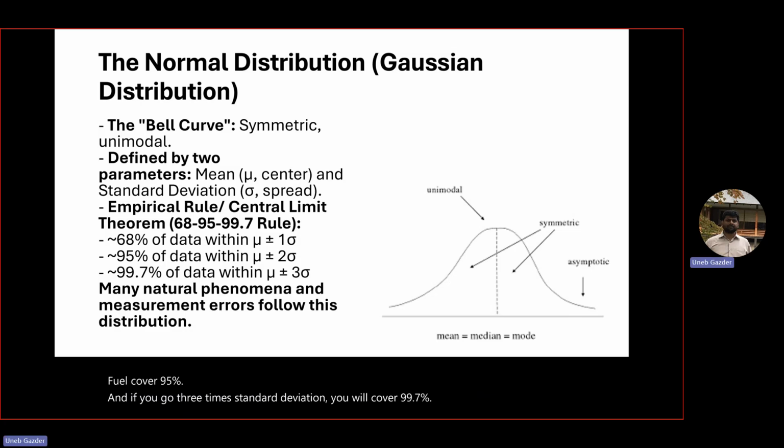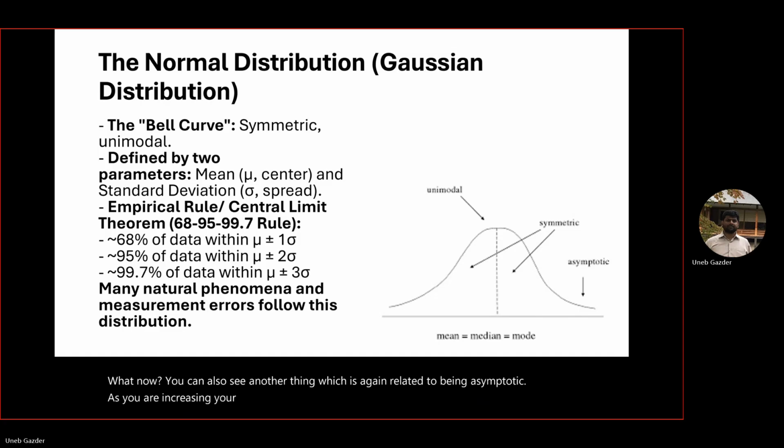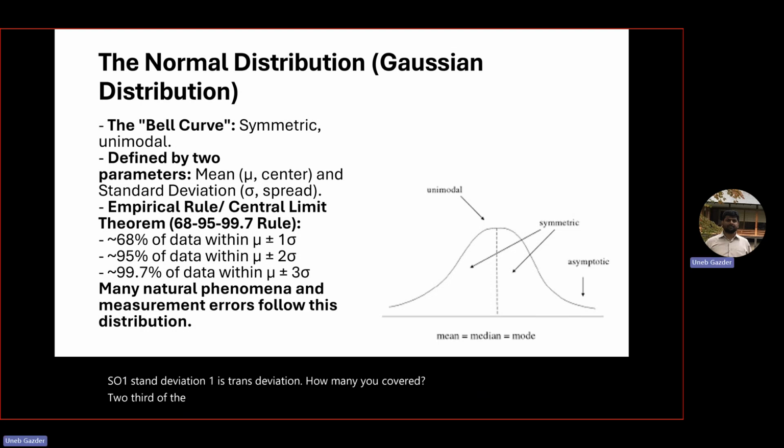But you can also see another thing, which again relates to being asymptotic: as you increase your interval, the number of values you are adding is not so much. So 1 standard deviation, 1 standard deviation. How many did you cover? 2/3 of the data. If I increase the interval by 1 standard deviation more on both sides, how much data am I adding? Less than 30%.